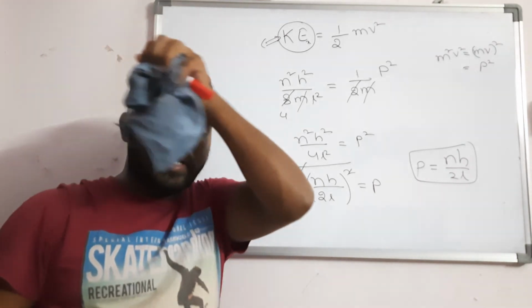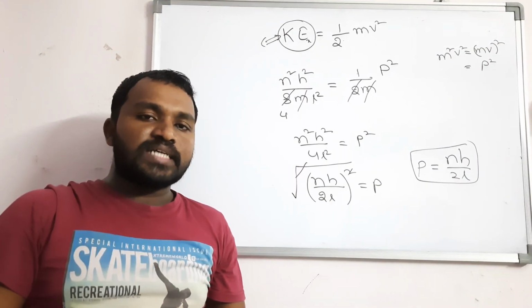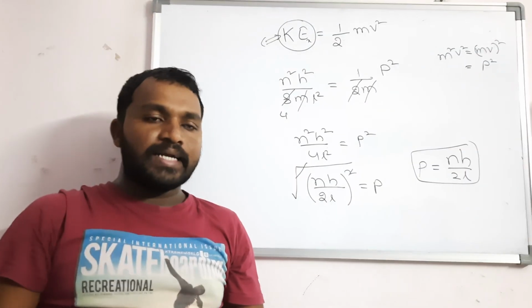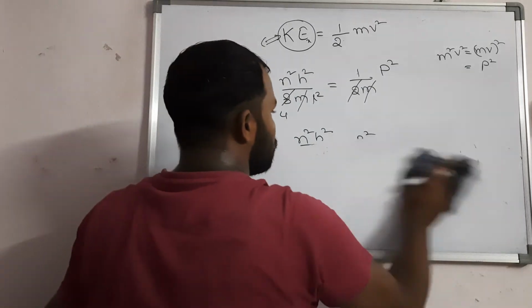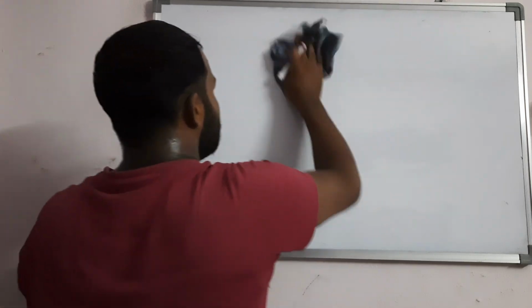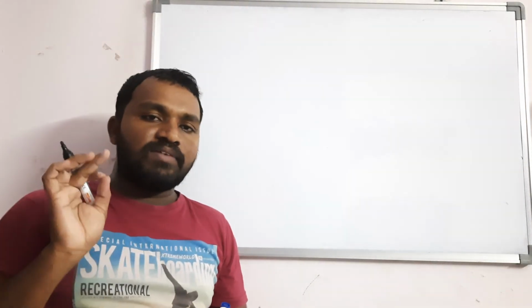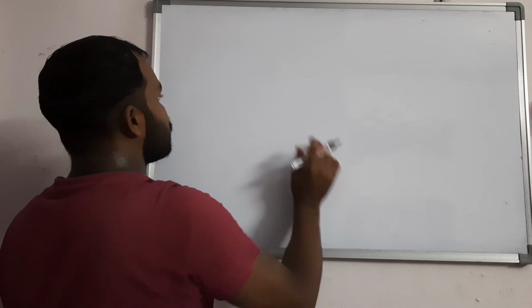So directly you should write for a particle in a 1D box the wave function ψ(x). All this you should derive, but I am directly writing. In the shortcut manner, directly you will write ψ(x). In the exam, if they ask a separate question, you should derive all this. If they do not ask a separate question, you can cut short.